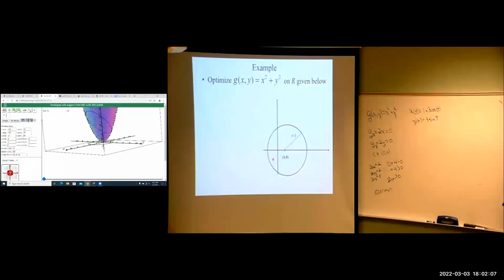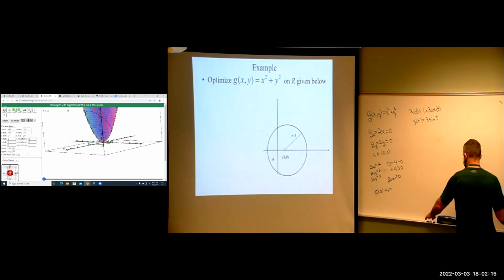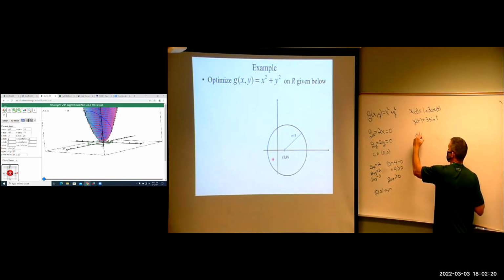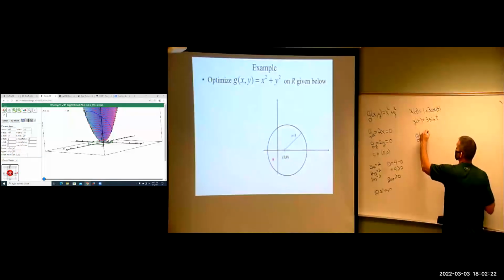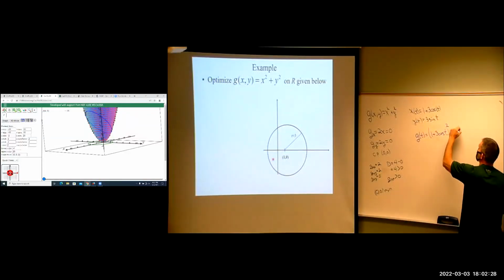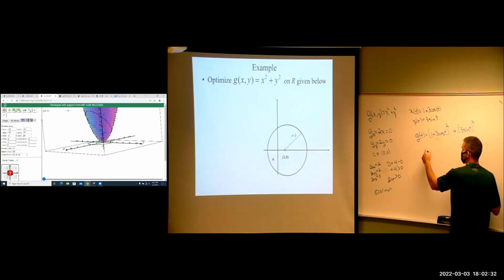All right, next comes the boundary analysis. What we're going to do is rewrite g in terms of t. So let's do that in a separate color. This is going to become g of t, which is 1 plus 3 cosine of t, the quantity squared, plus 3 sine of t squared.